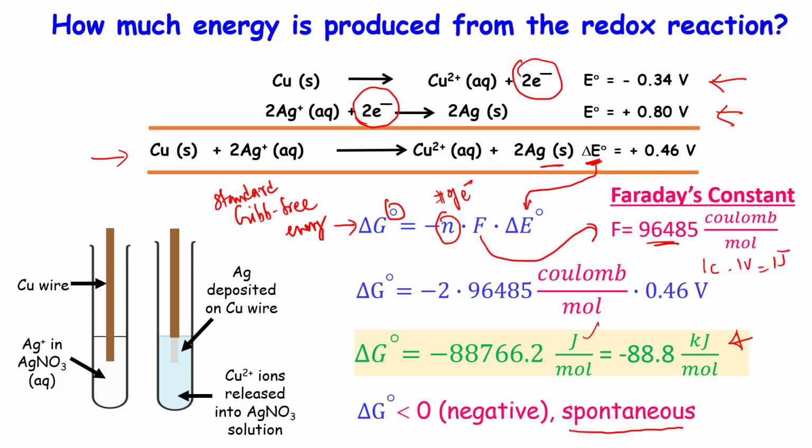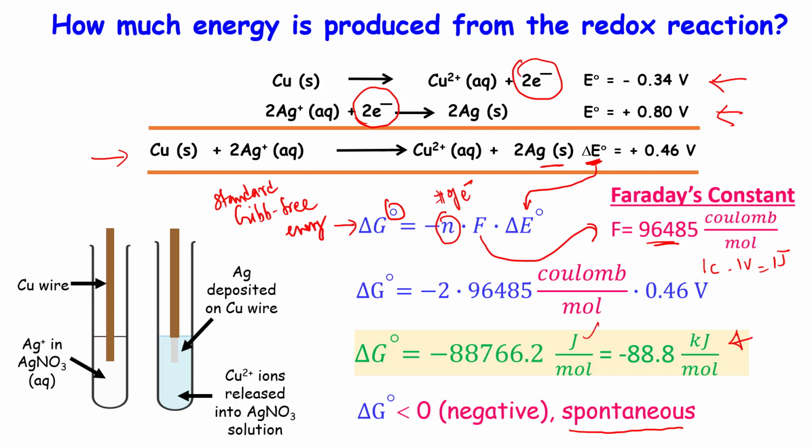It only tells you whether the reaction is going to go from reactant to products without any intervention, or is it going to happen only with intervention. That's all it's going to tell you. So it provides no information about rates. It provides no information about rate constants. It only gives you information about whether it is possible for your reaction to go from reactant to product, or if your delta G naught is positive, then it's non-spontaneous. That means it's not going to easily get to your products, and that's what this is going to tell you.